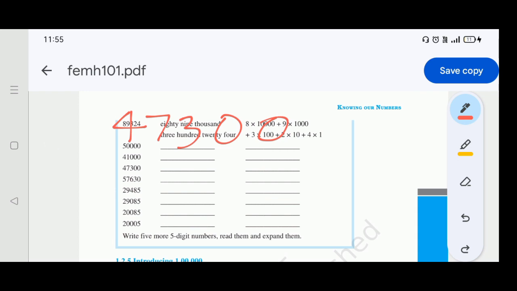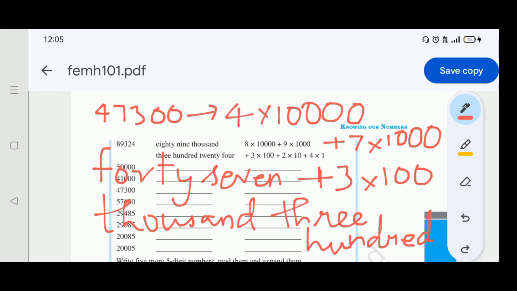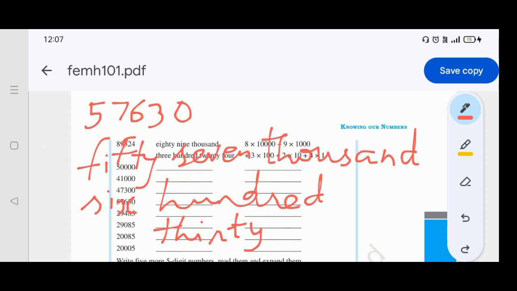Next question is 47,300. 47,300 can be written as 4 into 10,000 plus 7 into 1000 plus 3 into 100. The number name is written as 47,300. Moving on to the next question. Next question is 57,630.